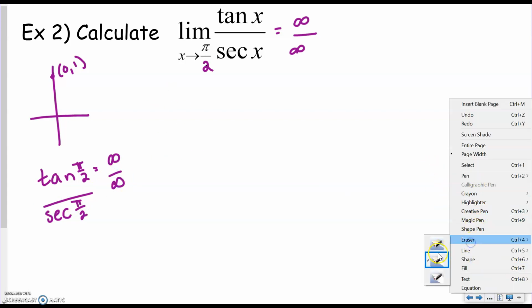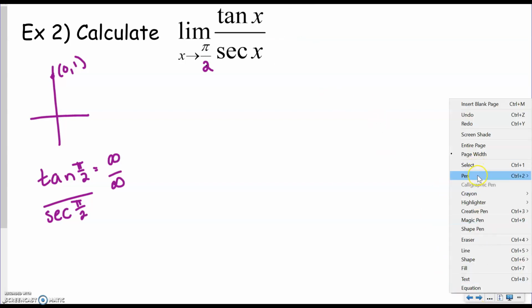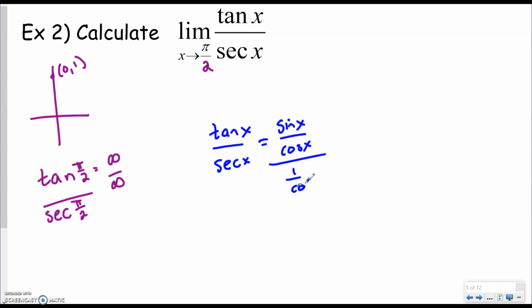Let me erase this real quick. Okay, so what we're going to do is we're going to simplify. I'm going to show you another way to avoid linkage errors. Tangent of x over secant of x can be simplified and rewritten as sine of x over cosine of x divided by 1 over cosine. So remember, we could multiply by the reciprocal of the denominator, and then I wrote it the wrong way.